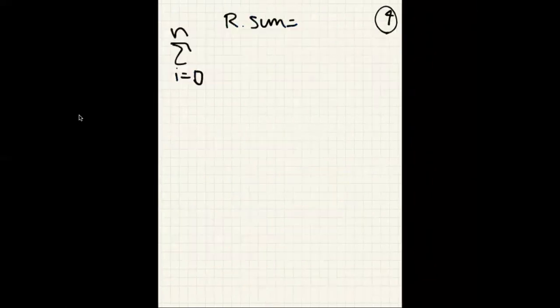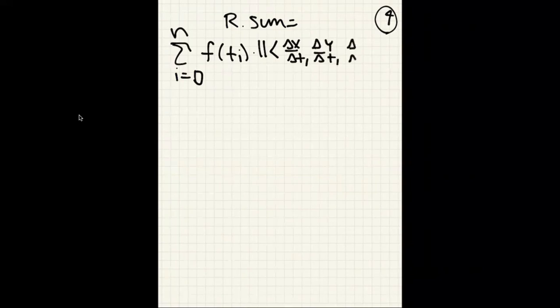And then this is f of t_i times this is the length piece. We said this is the length of delta x over delta t, delta y over delta t, delta z over delta t. Close that, and I've got a delta t.